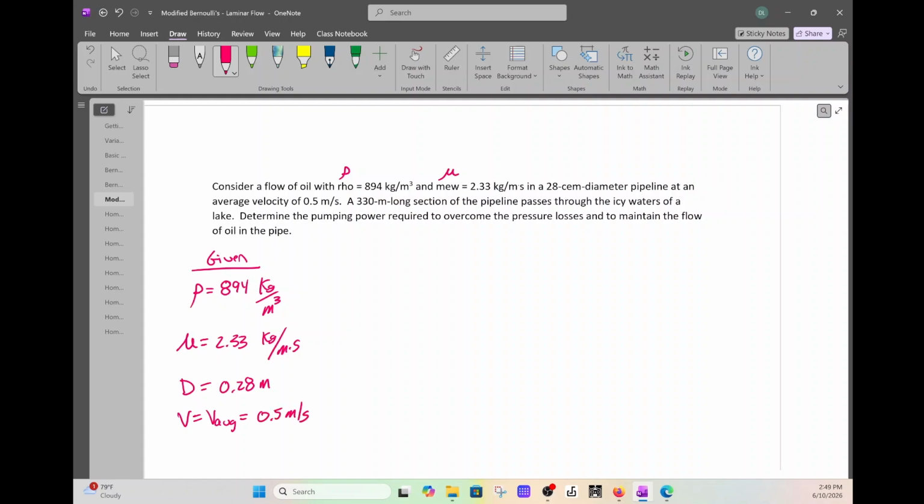I believe L, 330 meters. We're looking for that pumping power, W. Assumptions. We got steady state, incompressible.